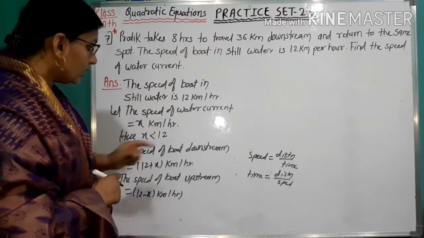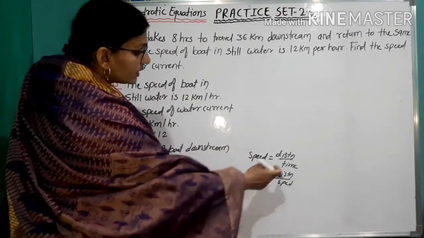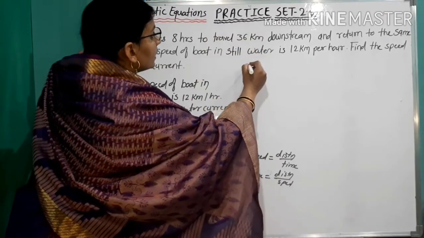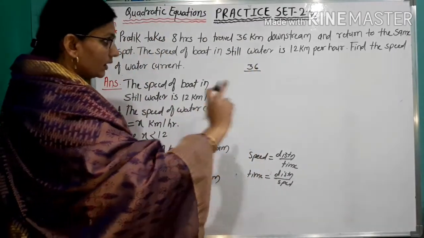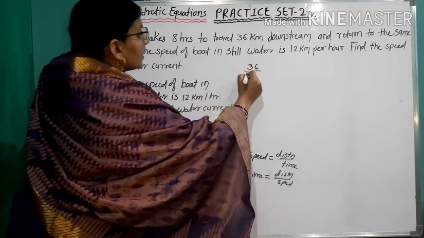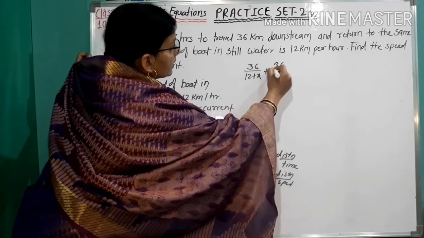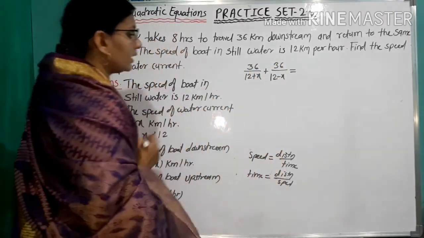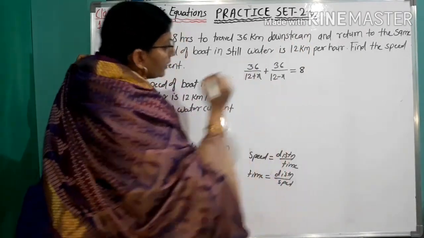First he travels downstream, means he takes time, this is distance upon speed. Distance is 36 and downstream speed is 12 plus x, plus 36 upon upstream speed 12 minus x, and this total time taken by him is 8.